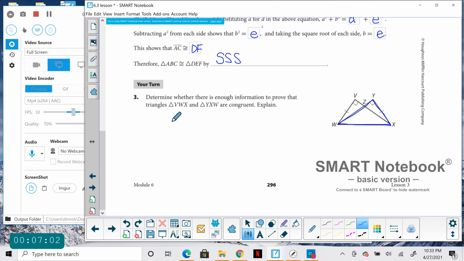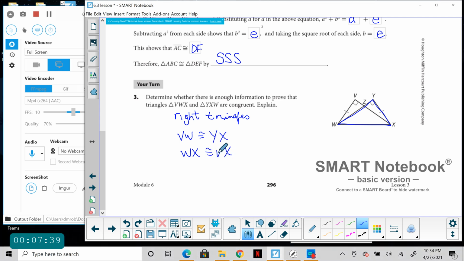So our reasoning here would be that we have right triangles, and with VW congruent to YX, we can also state that WX is congruent to WX because of the reflexive property.